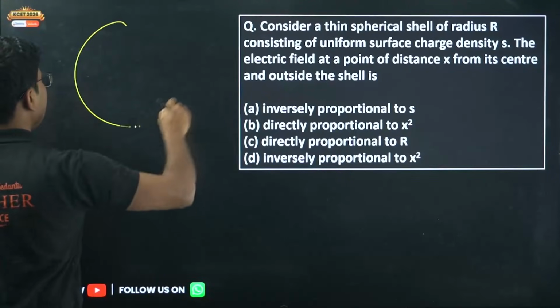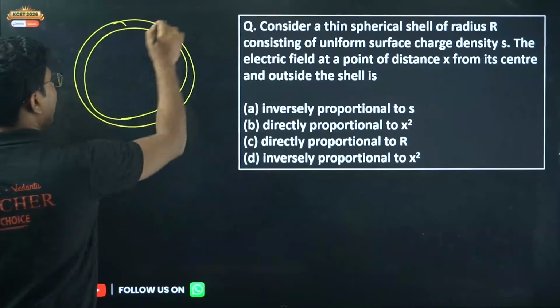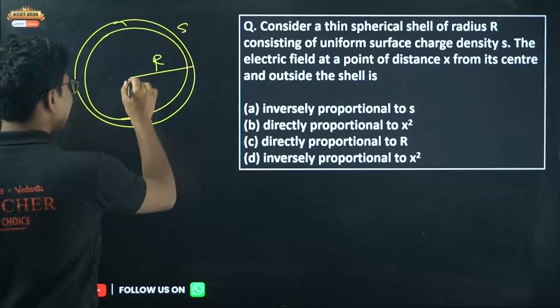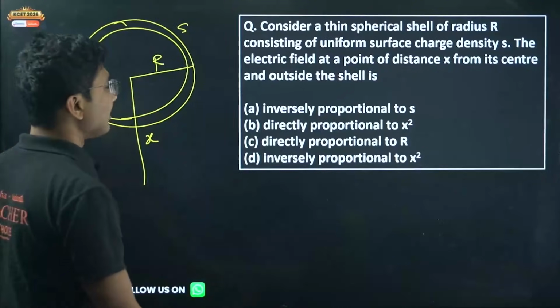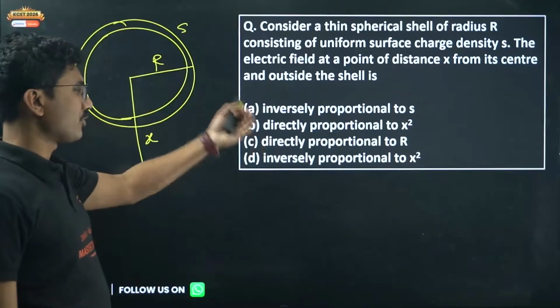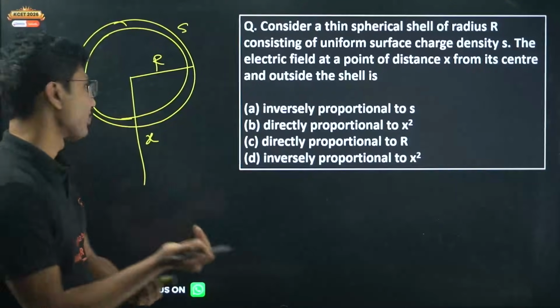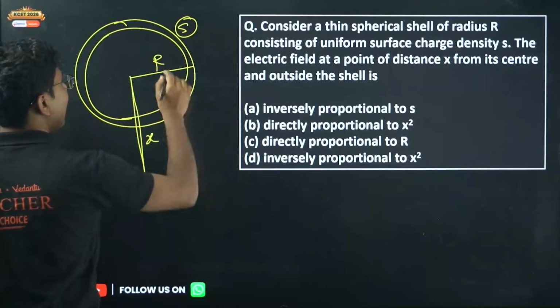So here is the shell. The radius is given by capital R, the surface charge density is S, and we want the electric field at a distance x. Is it proportional to S, inversely proportional to S, directly proportional to x square, directly proportional to R, or inversely proportional to x square? Let's see. So a lot of things are there. The surface charge density is given, R is given.